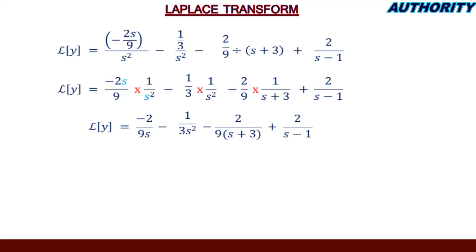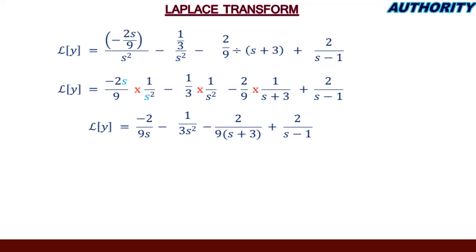Then we have minus 2 all over 9, open bracket, s plus 3. Plus, the next one we have 2 all over s minus 1. So this is the value for the Laplace transform of y. But we are looking for y. That is the solution to the ordinary differential equation. So we are looking for y.